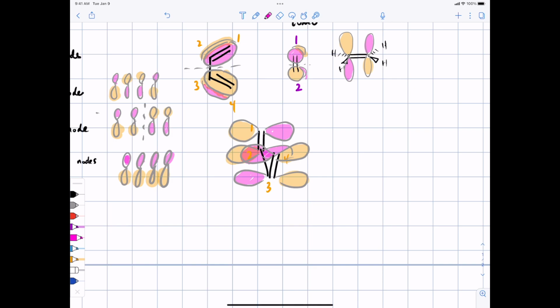The important point, though, is that the wave function sign for carbon 4 is opposite what the wave function sign is on carbon 1.